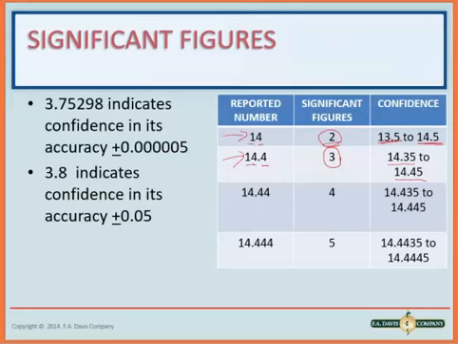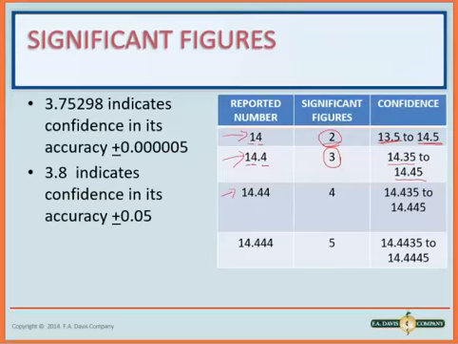So all of those numbers within that whole number are significant. Now we'll go over some rules on the next slide of which numbers are significant versus not significant within a number. But so far, all the numbers that we've looked at have been significant.